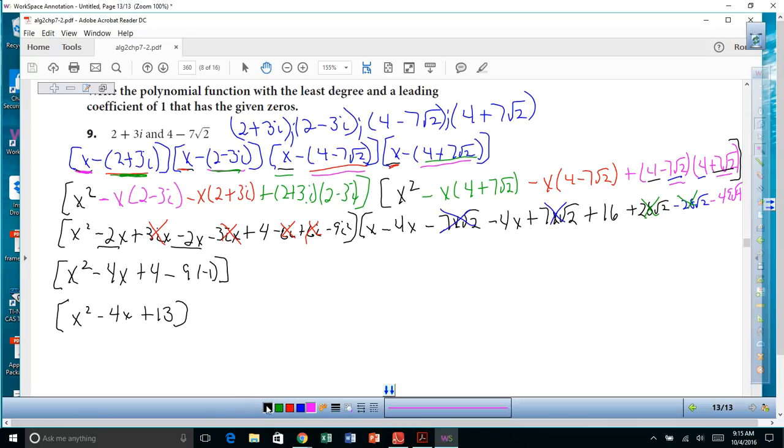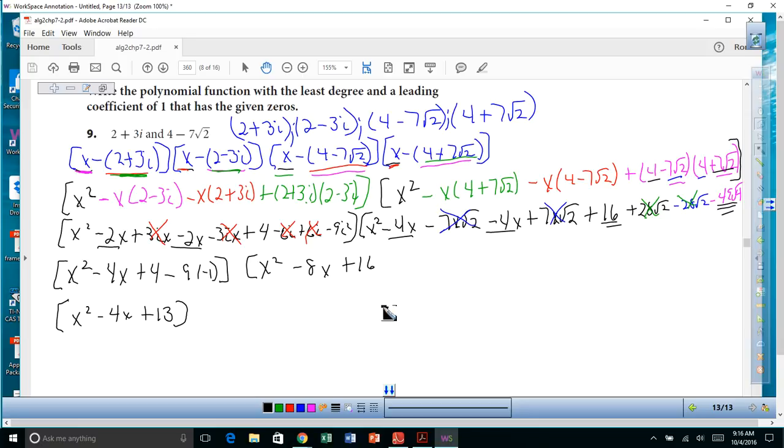Now we can clean that up some. x times x is x squared. So we've got x squared minus 4x. Combine those, and it gives you minus 8x. And it gives you plus 16. And then we've got this right here.